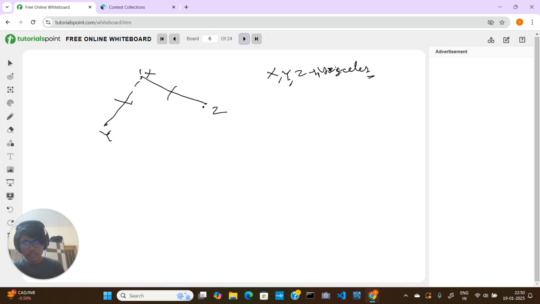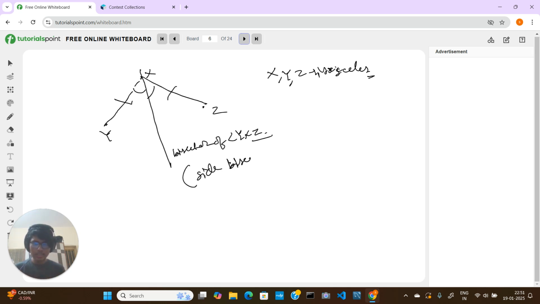Basically, if you construct the bisector of angle YXZ, this is basically the side bisector of YZ. So this is actually nice because from something like an angle bisector, we got something related to side bisectors. And you all know that the intersection of side bisectors gives us the circumcenter.